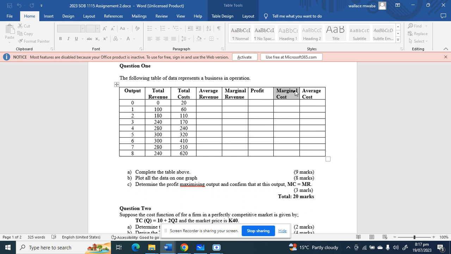The additional cost you incur when you produce one more unit, all right? What about marginal revenue? If marginal cost is the additional cost, produce one more unit, what is marginal revenue?